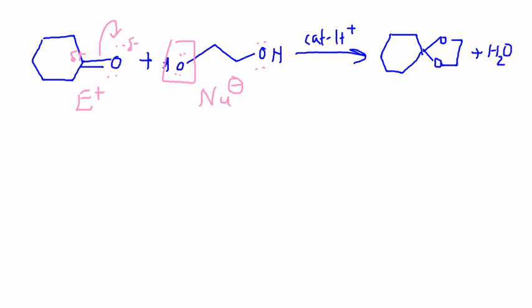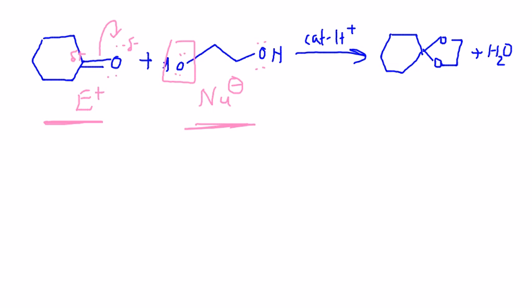Now, like I discussed in class, if you have two neutral species, one behaving as an electrophile and the other behaving as a nucleophile, you are pretty much not going to see a great amount of reactivity. You will have to increase the reactivity by incorporating either acidic conditions, which are going to increase the electrophilic character, or basic conditions, which will improve the nucleophilic character.